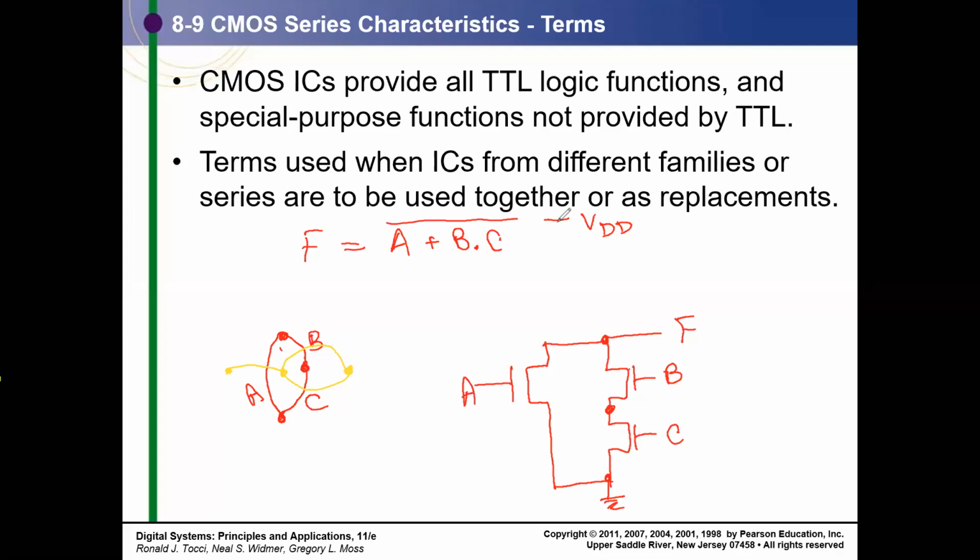So I change the color. Here I'll connect, sorry. This one is B, another is C, and in series there is another transistor which is A.